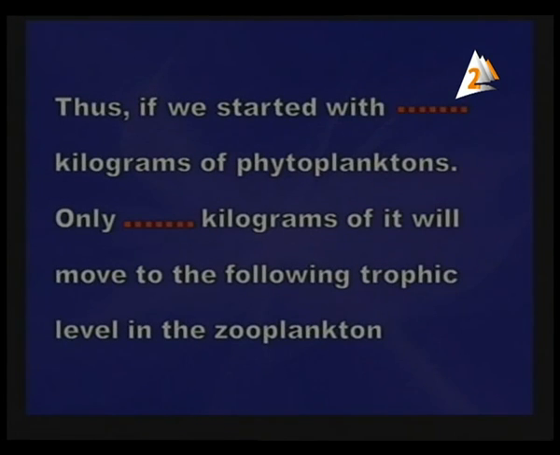For example, in our example, if we start with 1,000 kilograms of phytoplanktons, which is the first trophic level, the next will be only 100 kilograms, which is the zooplankton, that will move to the following trophic level.